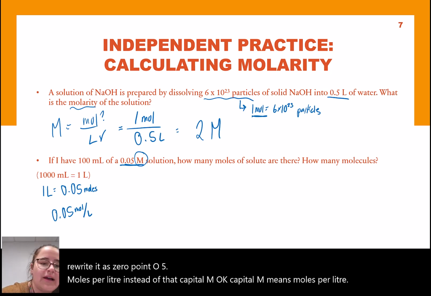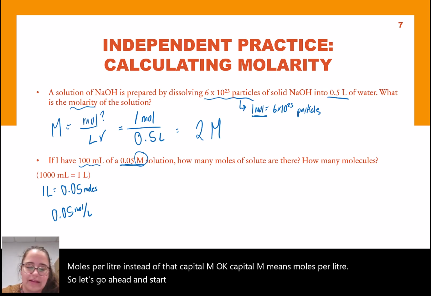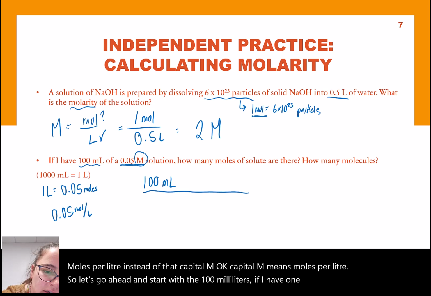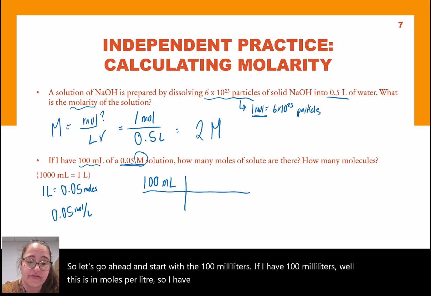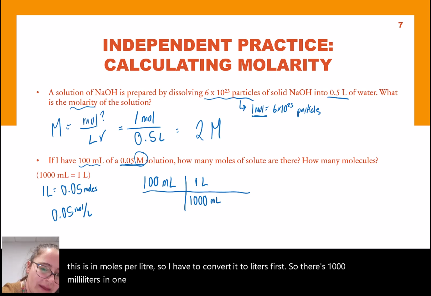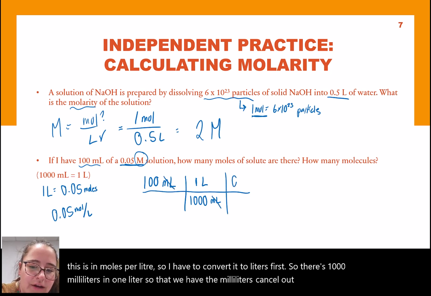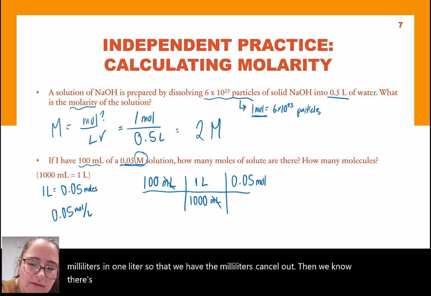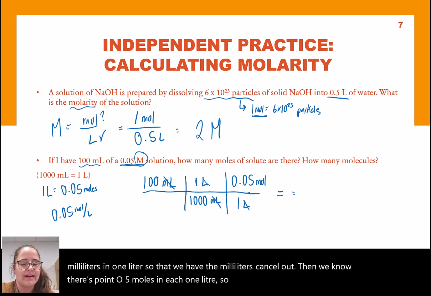Capital M means moles per liter. So let's go ahead and start with the 100 milliliters. This is in moles per liter, so I have to convert it to liters first. There's 1,000 milliliters in 1 liter, so the milliliters cancel out. Then we know there's 0.05 moles in each 1 liter, so the liters will cancel out again.